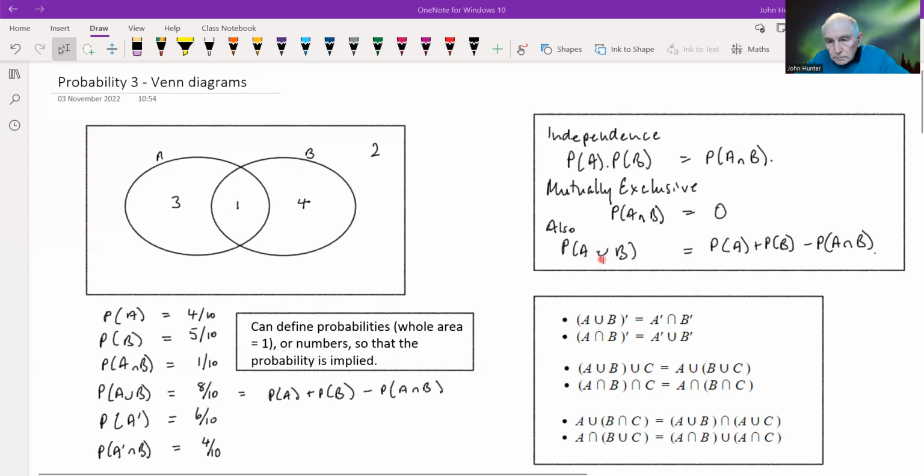So we would need to subtract that from the sum of these two in order to get the probability of the union, and that's exactly what this equation does. Probability of A union B is equal to probability of A plus probability of B minus probability of the intersection. So we're just taking out one instance of that thing that would otherwise be double counted. Okay.